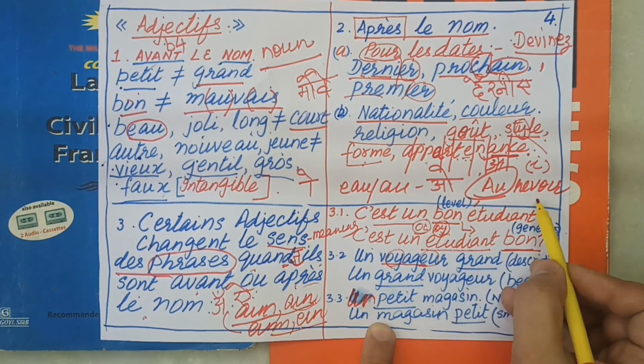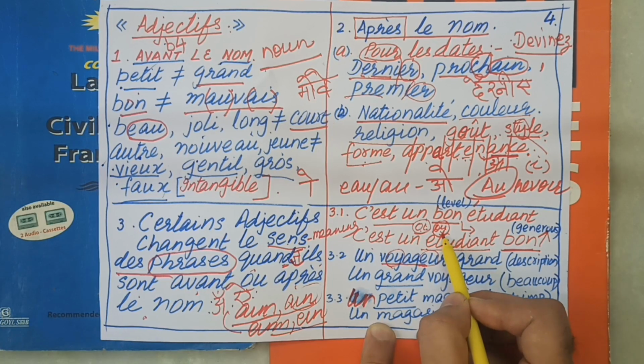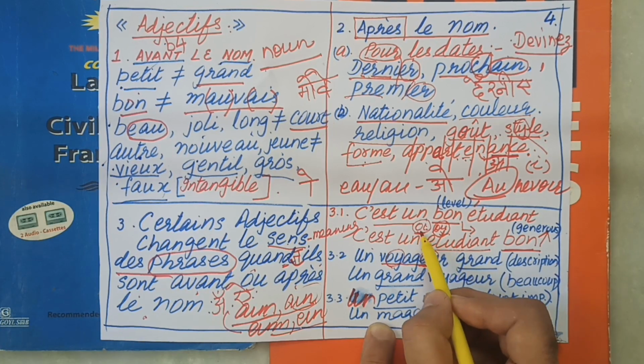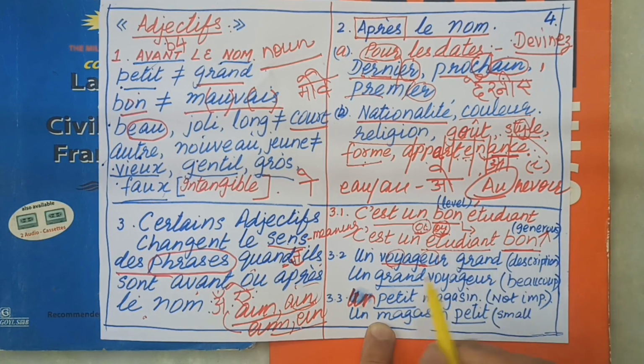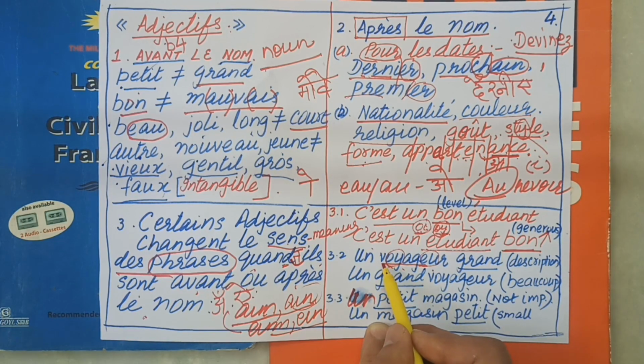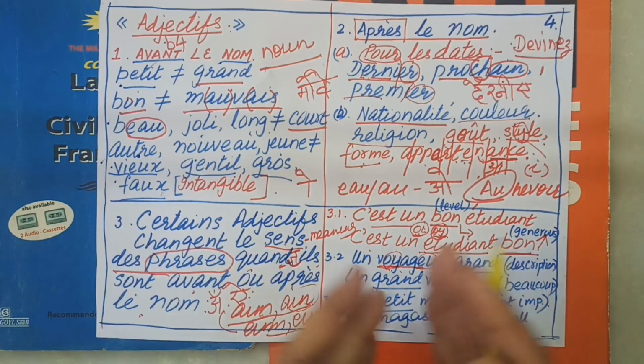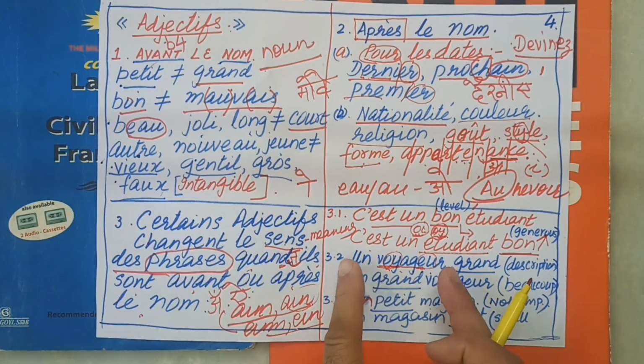The Y sound is the same as I, so this is wa, this is also wa. So voyageur, but I can't write it as one blob, so a bit of separation is required here in between these two.